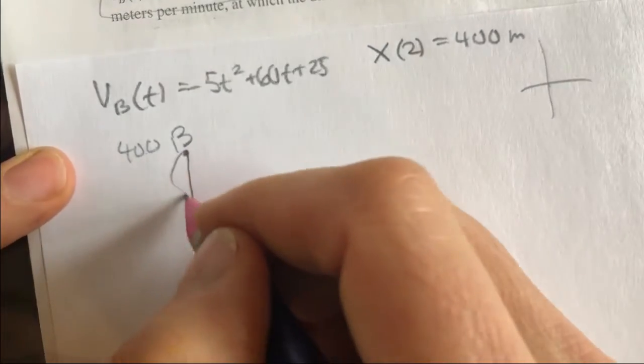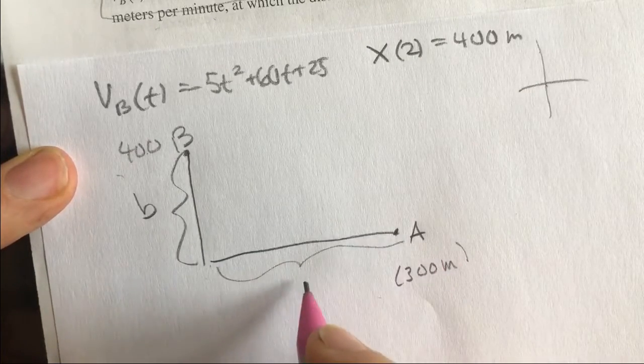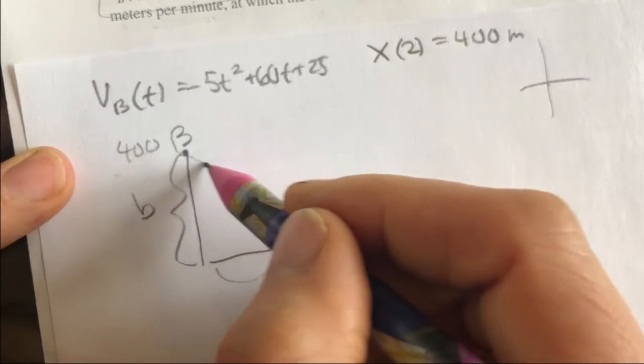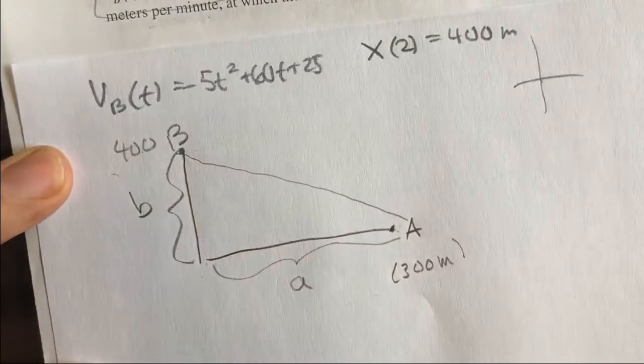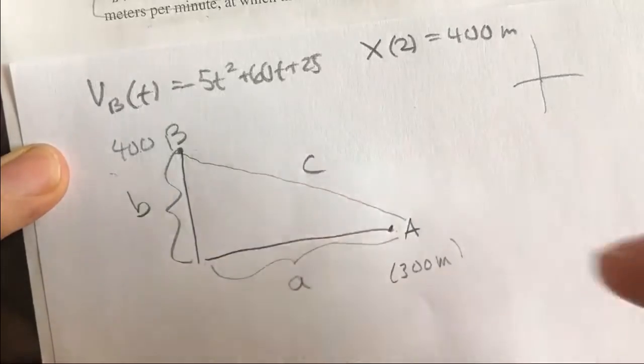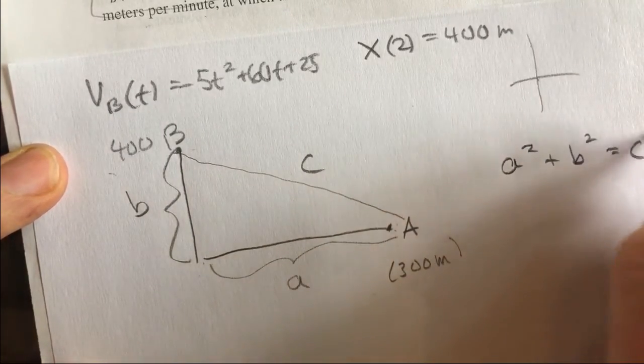Now, let's call this distance B and the distance from train A to the origin A, and they want to know at what rate is this distance between train A and B changing. So first we write, and we'll call that distance C, an equation, A squared plus B squared equals C squared.